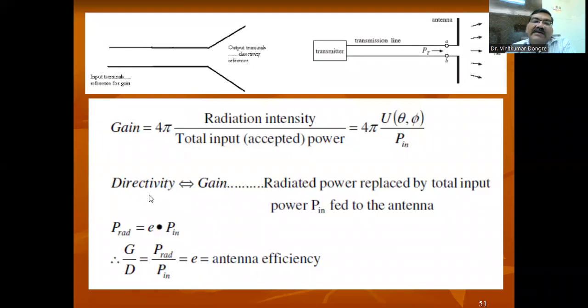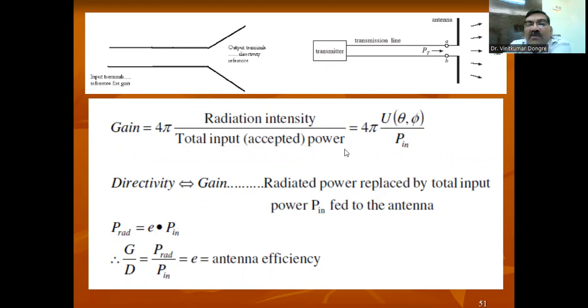So directivity and gain are related to each other. The radiated power is replaced by the total input power P in, that is fed to the antenna.